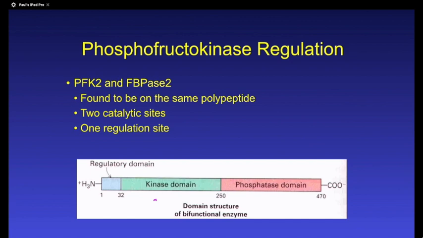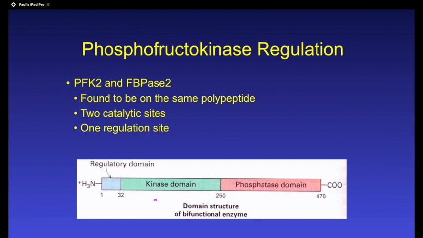And so, there's a regulatory domain on this one protein. How I manipulate this regulatory domain will turn one of these on and one of these off at the same time. So I do something here to make one active and one inactive, or I do something here to make this one inactive and that one active.